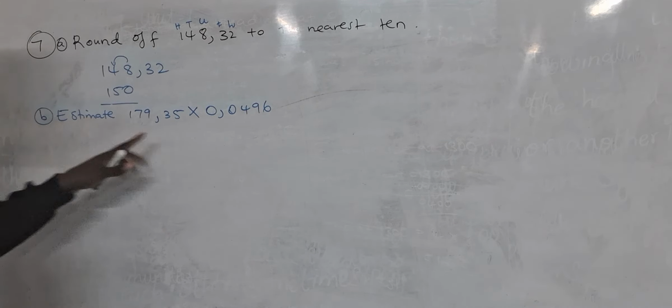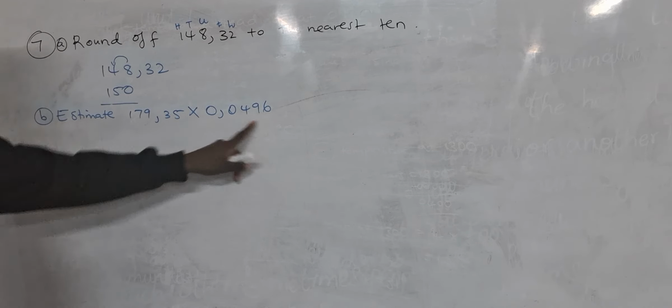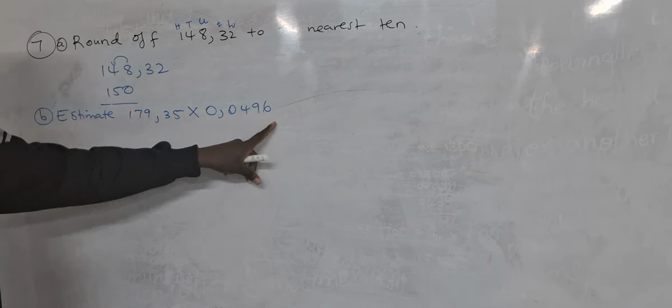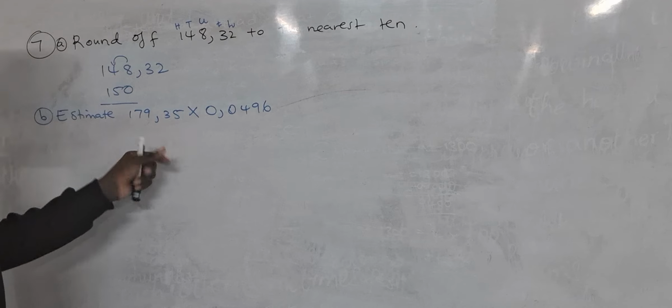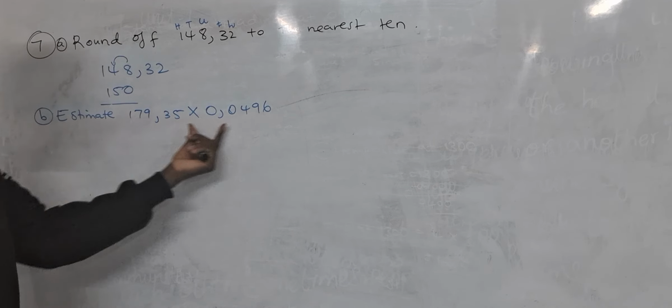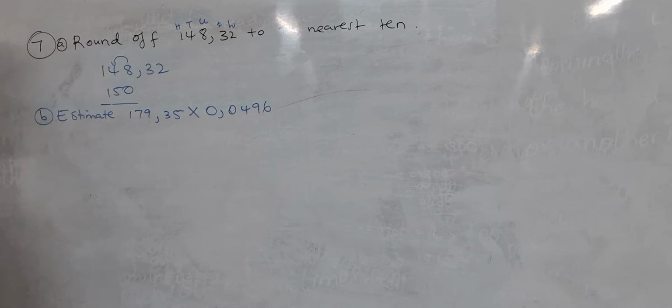You are supposed to estimate the value of this question. You are supposed to estimate the answer for this question by expressing this and this to one significant figure.